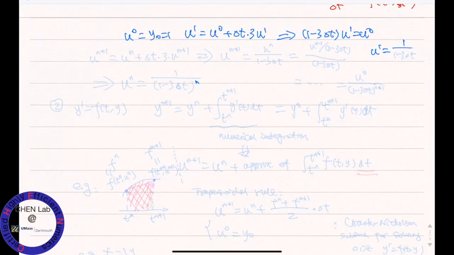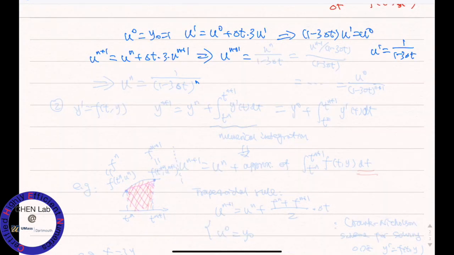So this is 1 over 1 minus 3 delta t. And if you work out a general formula for this particular ODE, you have u_{n+1} is u_n plus delta t times f, where f is 3 times u_{n+1}. So you can solve for u_{n+1}.